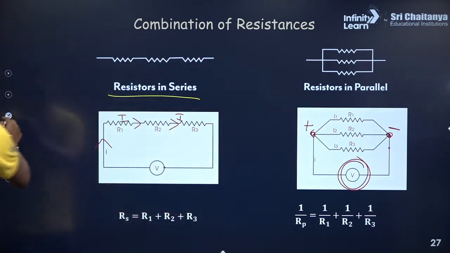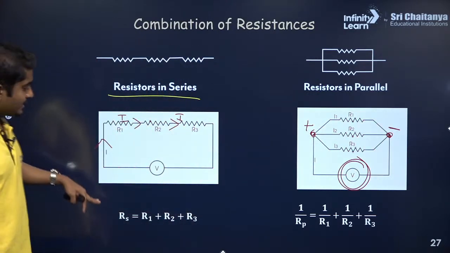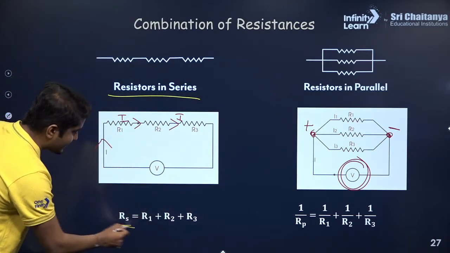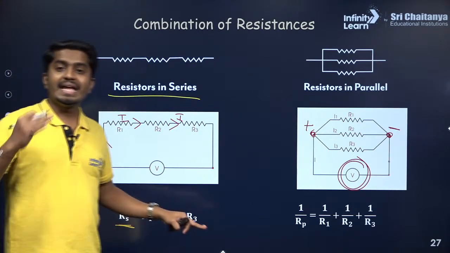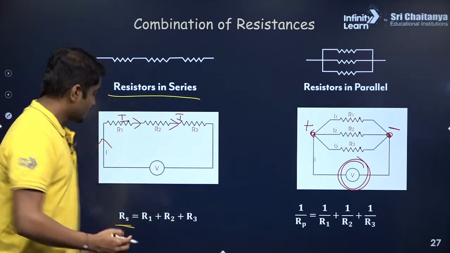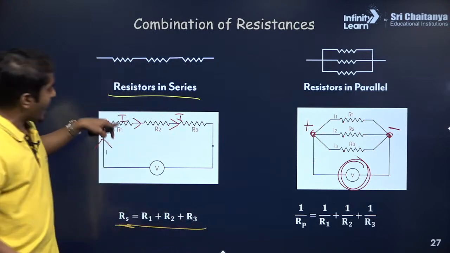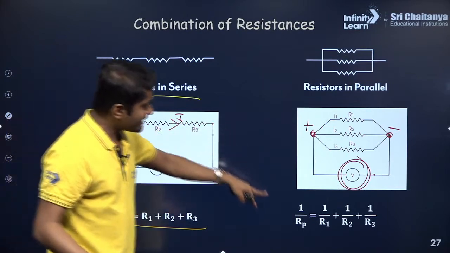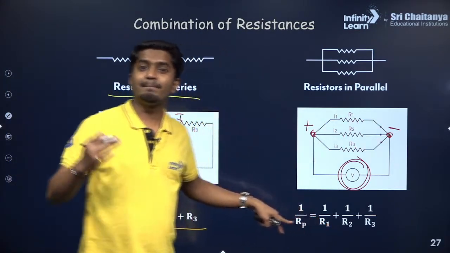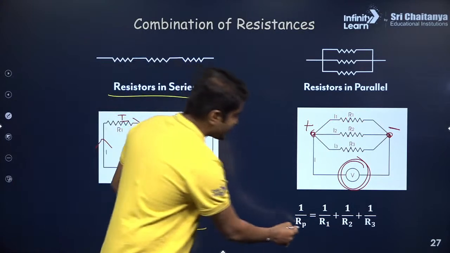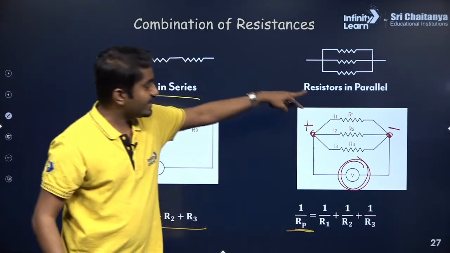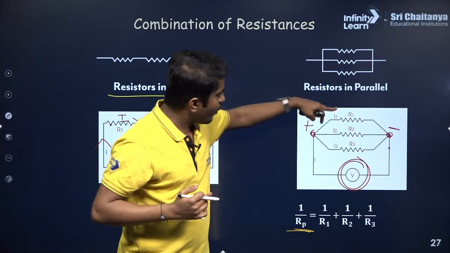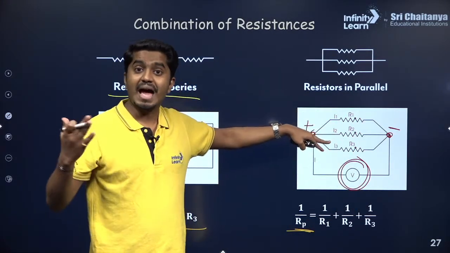Now the equivalent resistance for the series combination, this Rs, is just the addition of R1, R2 and R3. But what is the equivalent resistance for the parallel combination? This Rp is the equivalent resistance for the parallel combination. Take the inverse of all these resistances and add them.